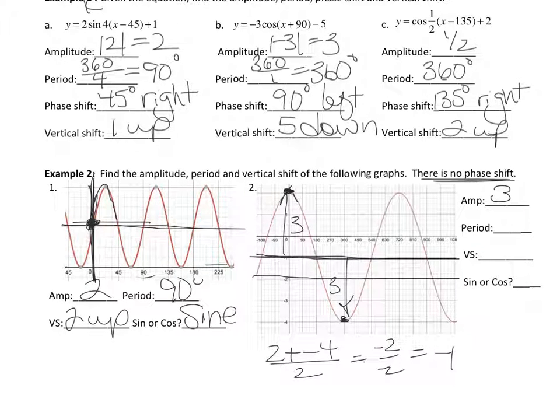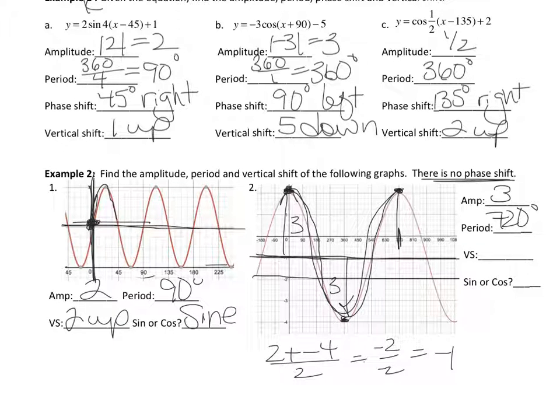The period is how long it takes to repeat. So here I'm looking at x equals 0, the graph is at a high point. It comes down, goes through a low point, it's back to that same high point here at 720 degrees. So it takes 720 degrees to complete this full cycle from high point back to high point.